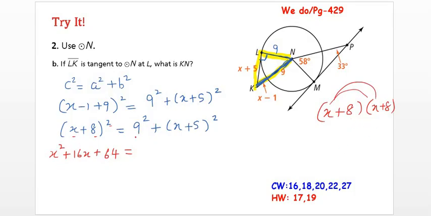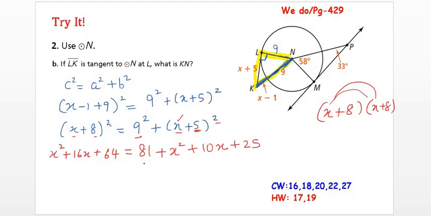Now 9 squared is 81 plus, to remove this whole square, first I square x, it will be x squared. Then I multiply 5 times 2, that is 10x, and then I square 5, it will be 25.